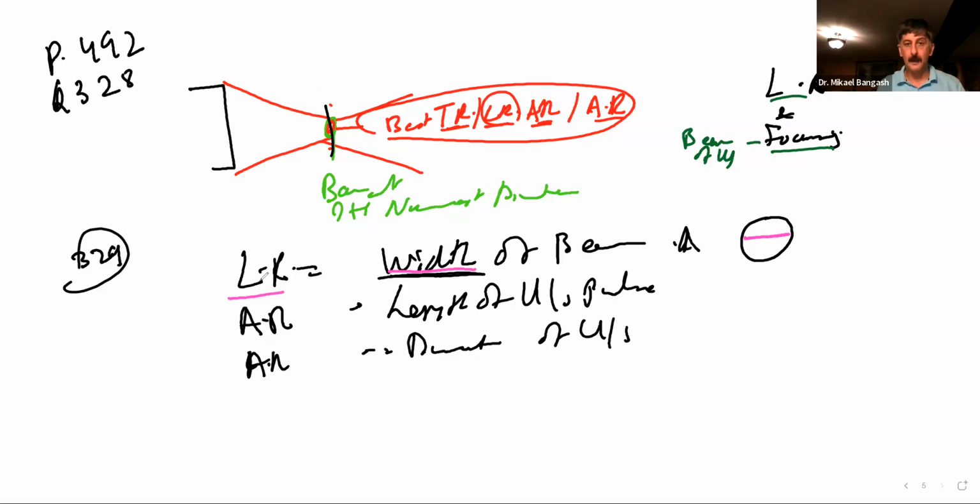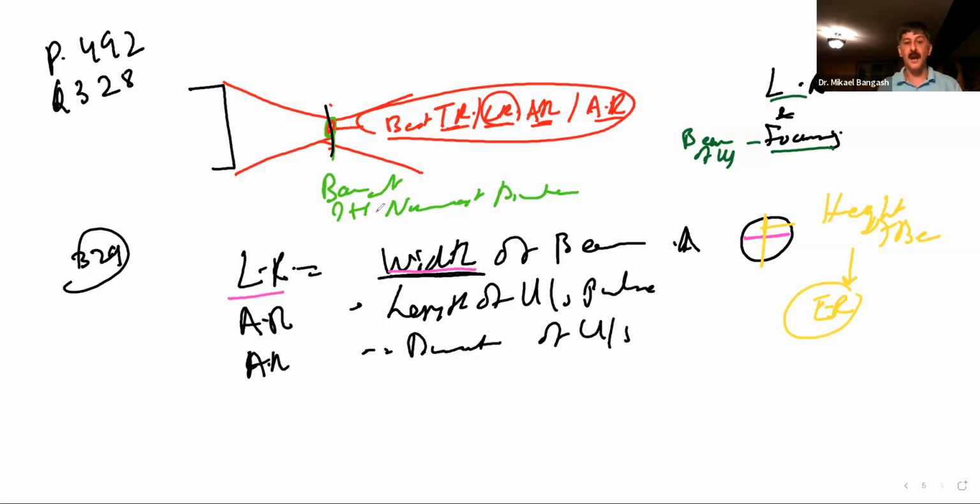Later on, in a later chapter, we may say it's the height of the beam. That is going to determine the third spatial resolution that we briefly mentioned, which is elevational resolution.